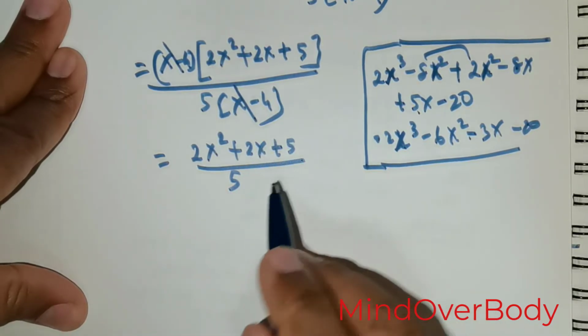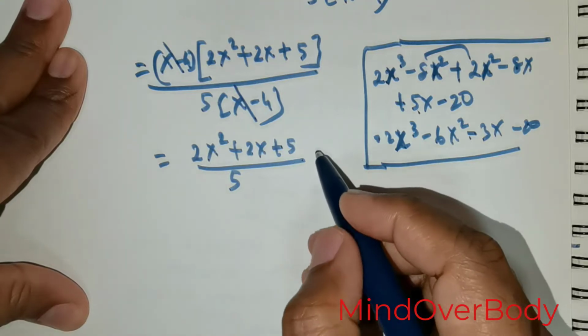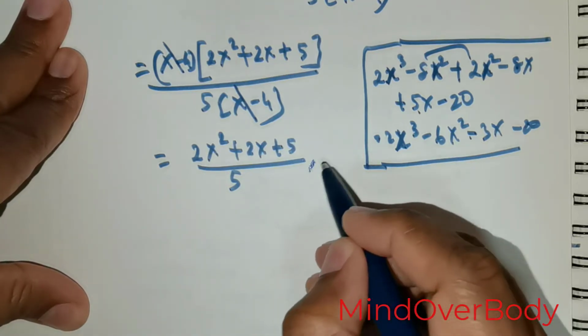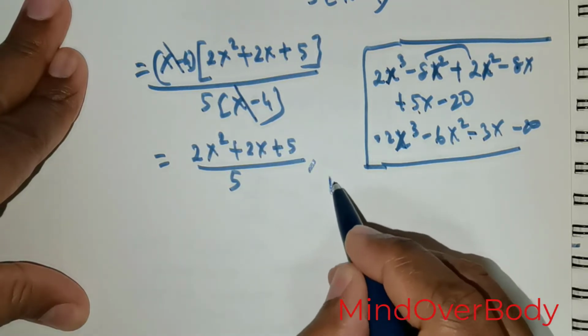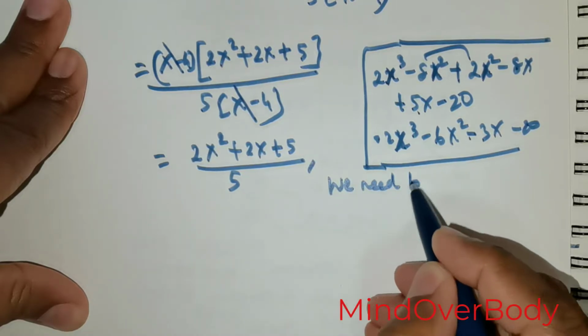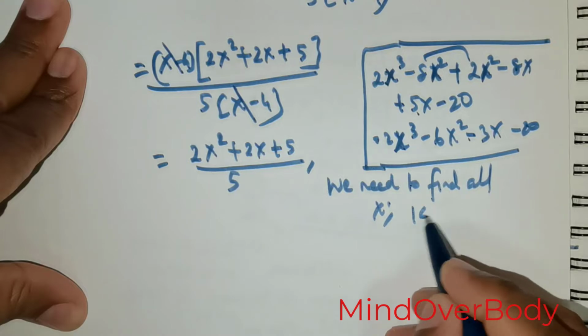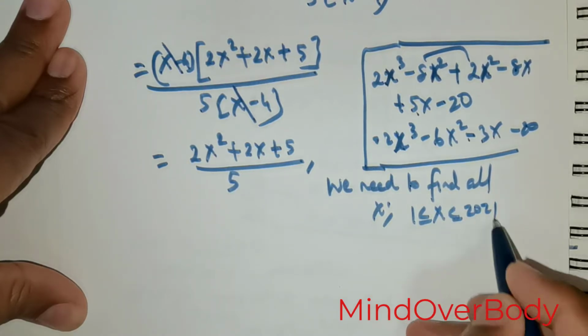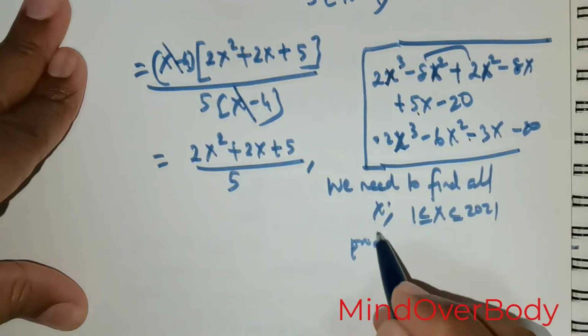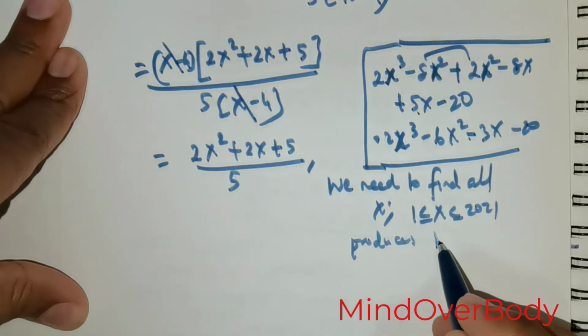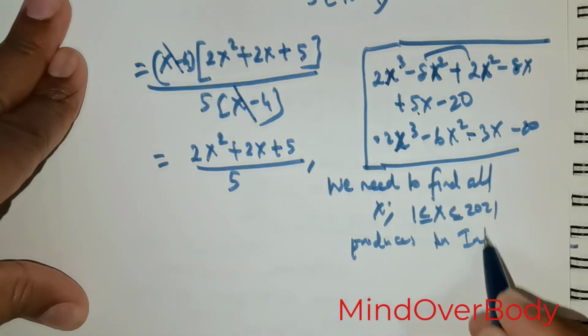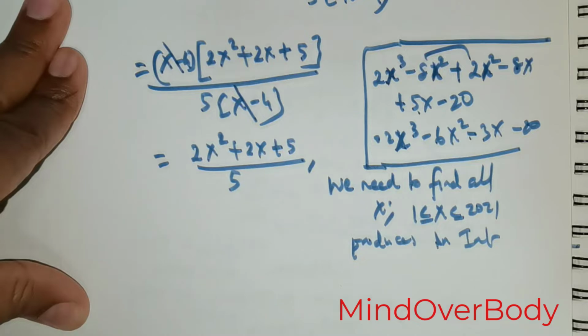Now we need to produce an integer. So we need to find all x lying in this range that produce an integer for the expression.